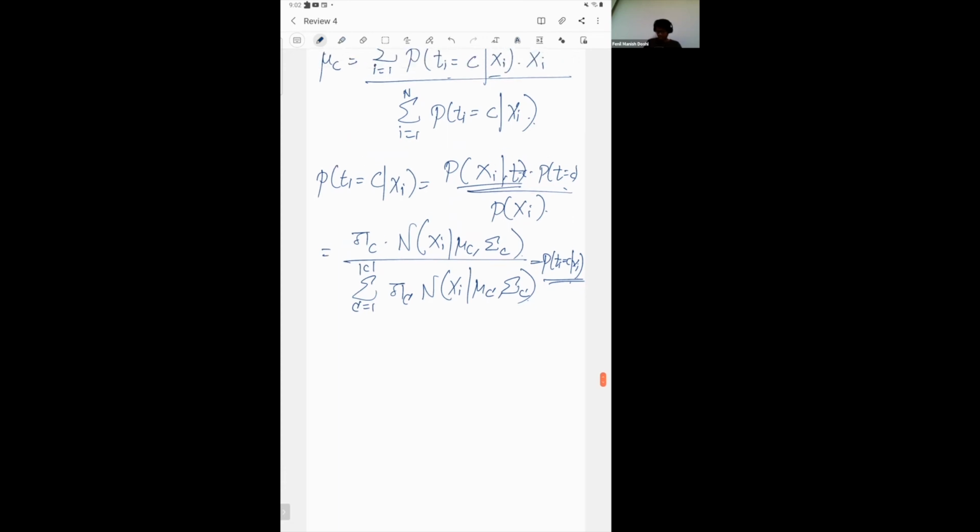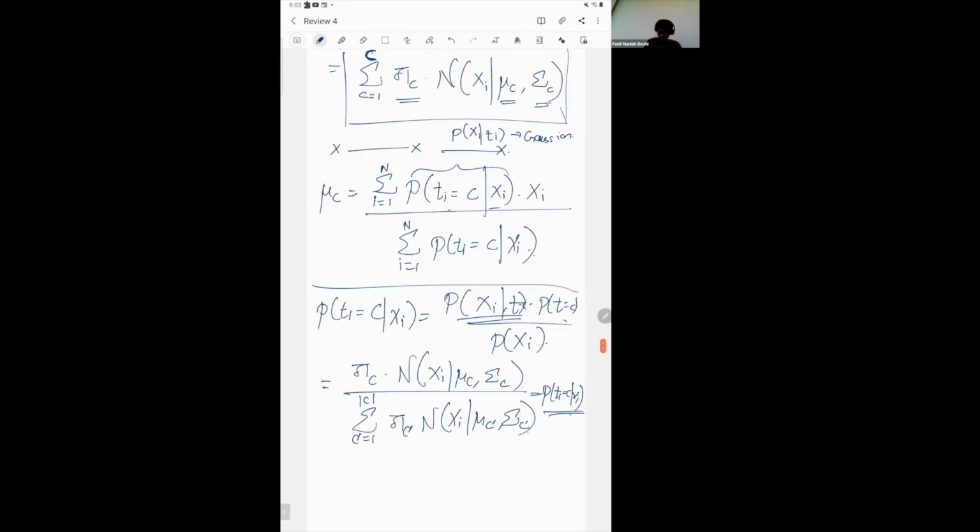Now if you substitute this over here, then you would get the probability for the Cth Gaussian.